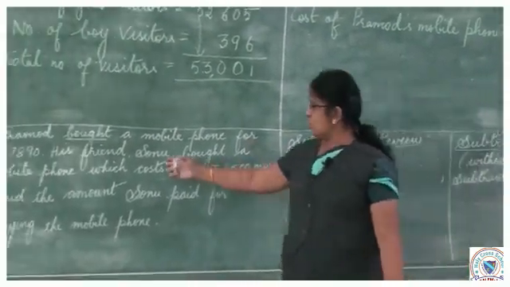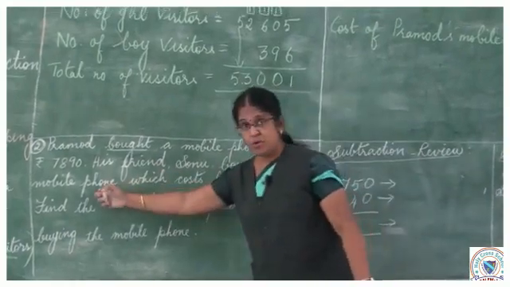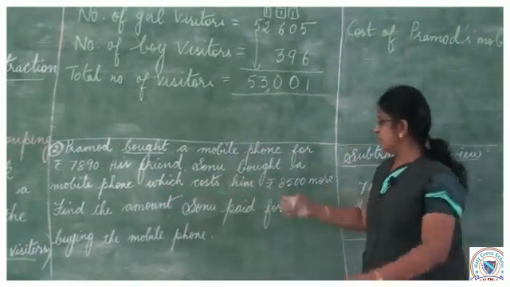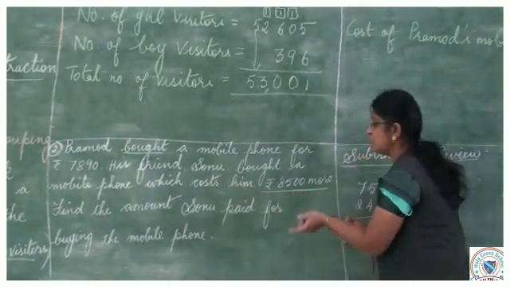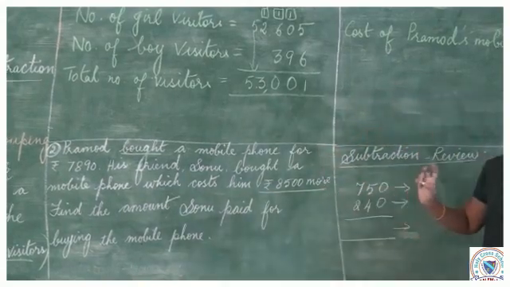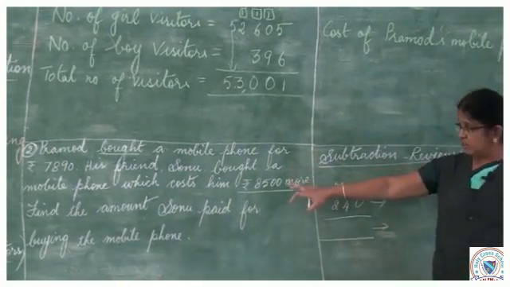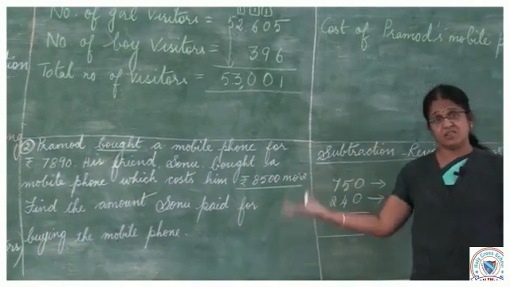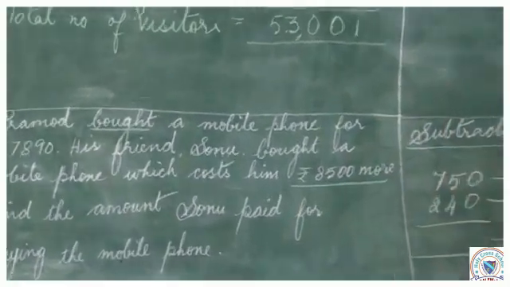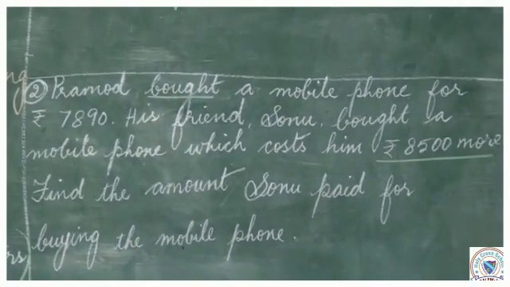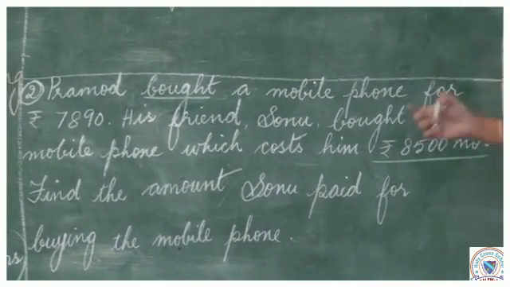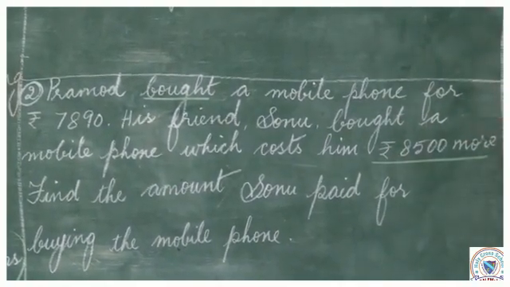Next, Sonu bought a mobile phone which costs him rupees 8,500 more. That means Sonu is giving this 8,500 extra and buying a new mobile phone. So in the next step, you have to use the word amount.